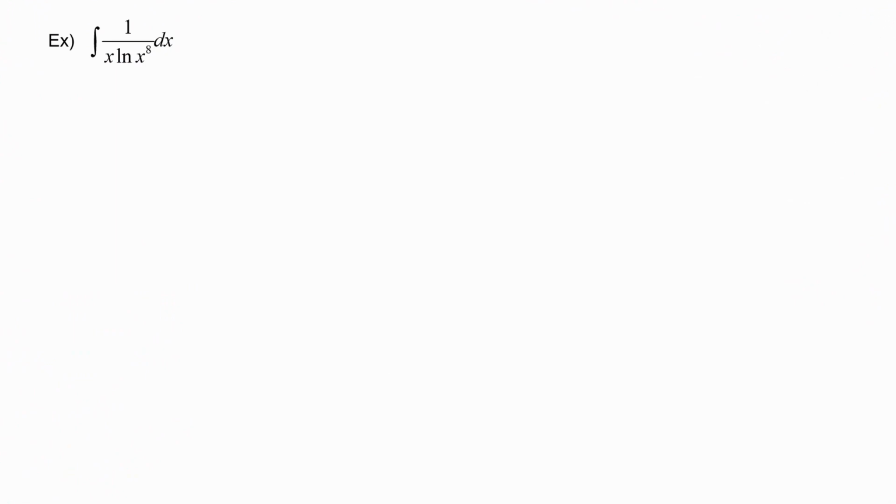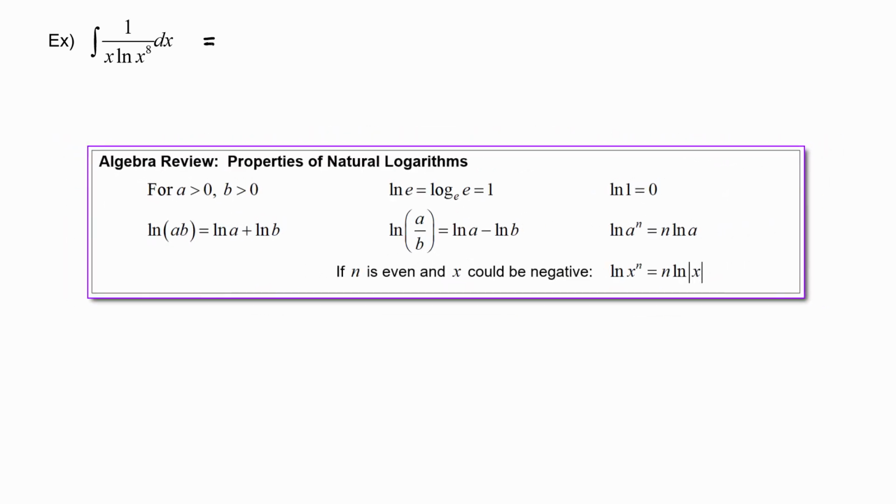In this example, we have to integrate 1 over the quantity x natural log of x to the 8th dx. Here we can rewrite this using the properties of logs as the integral of 1 over x times 8 natural log of the absolute value of x dx.